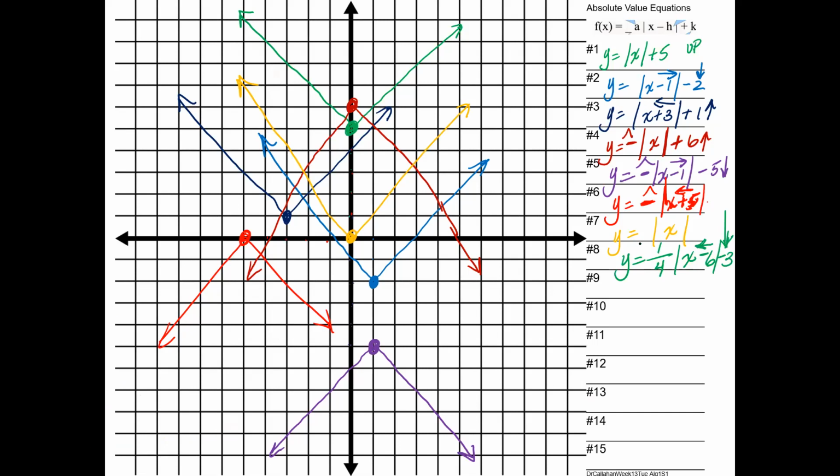But because it's 1 over 4, your shape is going to be wider, like it's stretched. So 1, 2, 3 to the right, 1, 2, 3, 4, 5, 6. And it's going to be a very wide-shaped graph like this.